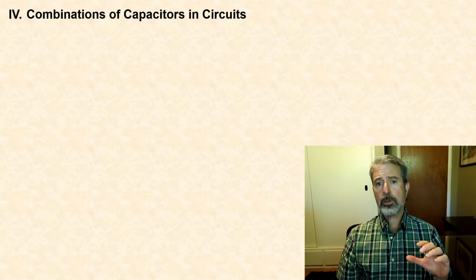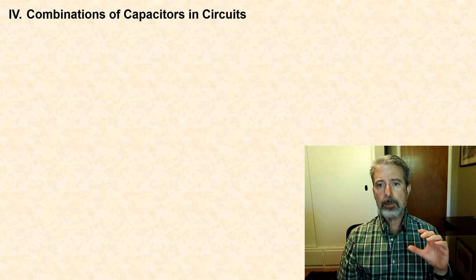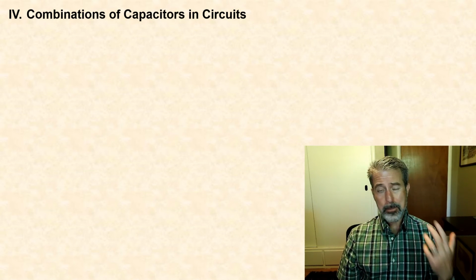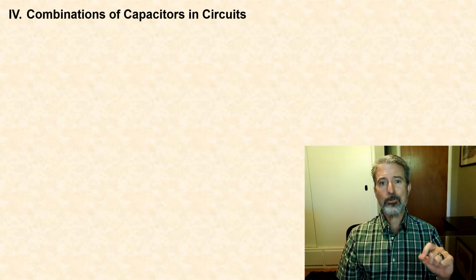We'll now turn our focus to the use of capacitors in circuits. Now, analyzing electrical circuits is a huge topic, a topic for which many courses exist for engineers, but a topic that we're going to briefly touch upon in this class.